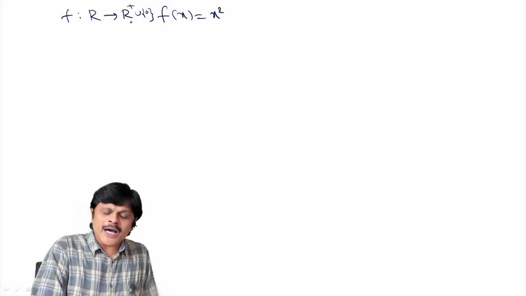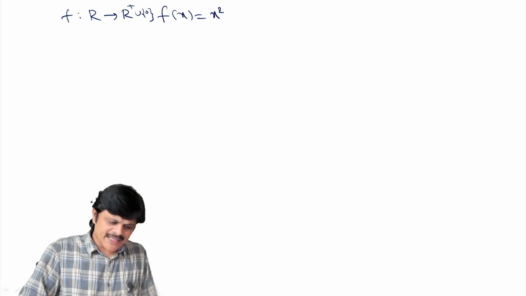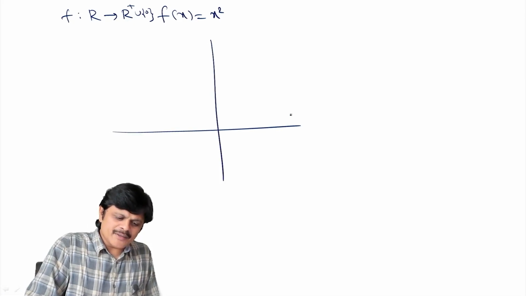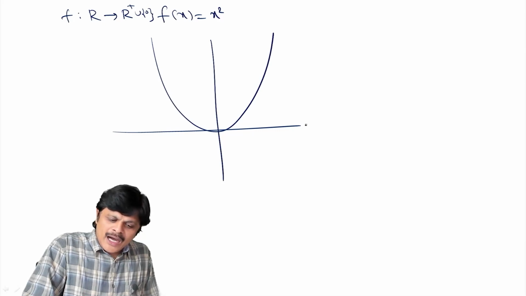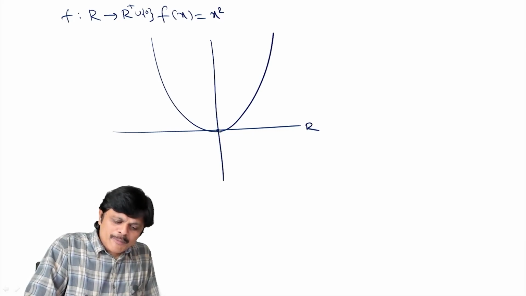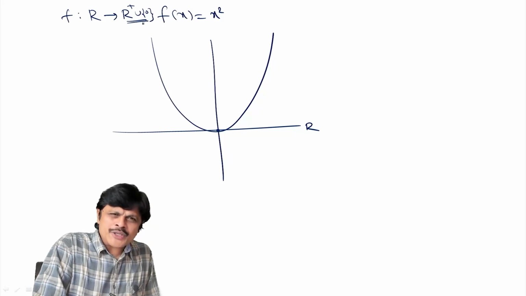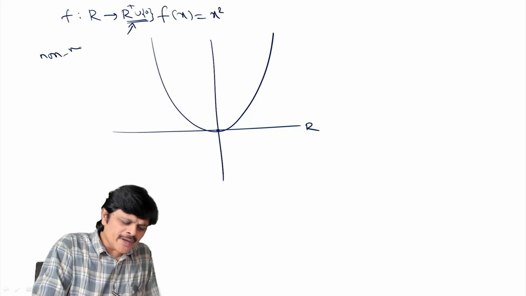You are mapping from R to non-negative real numbers only. Not positive here, it is non-negative real numbers, we have to say.